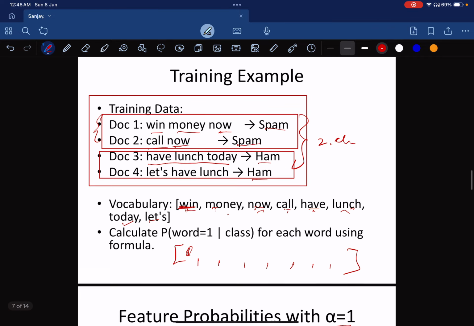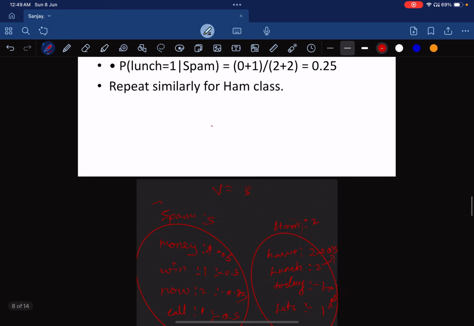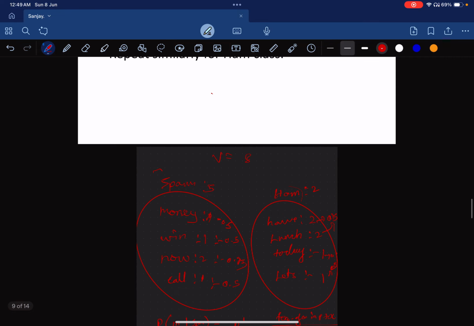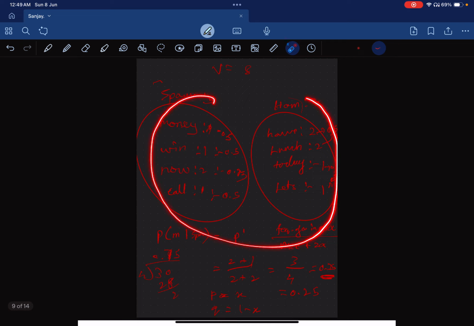So based on this array, we will find the probability of any word, whether it belongs to that class or not. Here the size is 8. After finding these probabilities, we go for predictions.